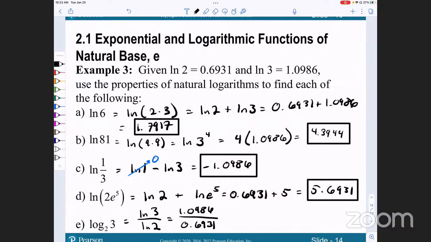Hey Siri, what's 1.0986 divided by 0.6931? About 1.585. I should know approximately, but I'm just going to go with it for now.